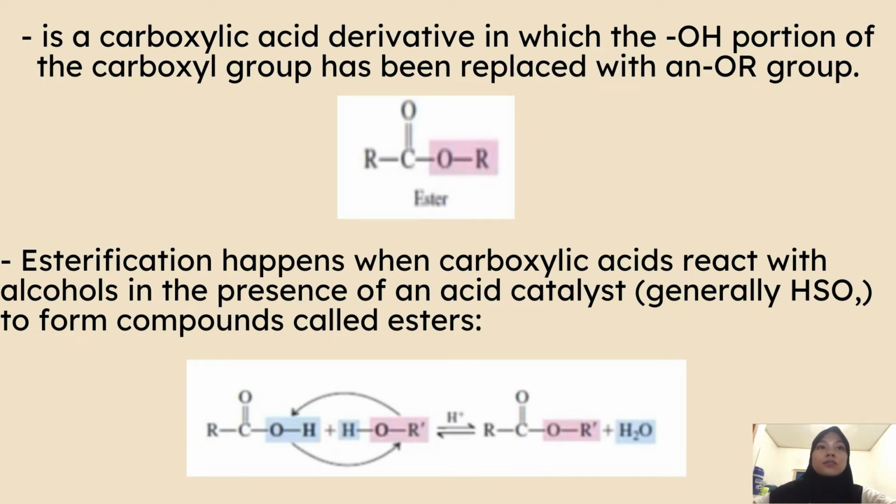So the mechanism for esterification is as follows: the hydroxyl group from the carboxyl part of the carboxylic acid exchanges place with the OR group of the alcohol. So this is the carboxylic acid and this is the alcohol.